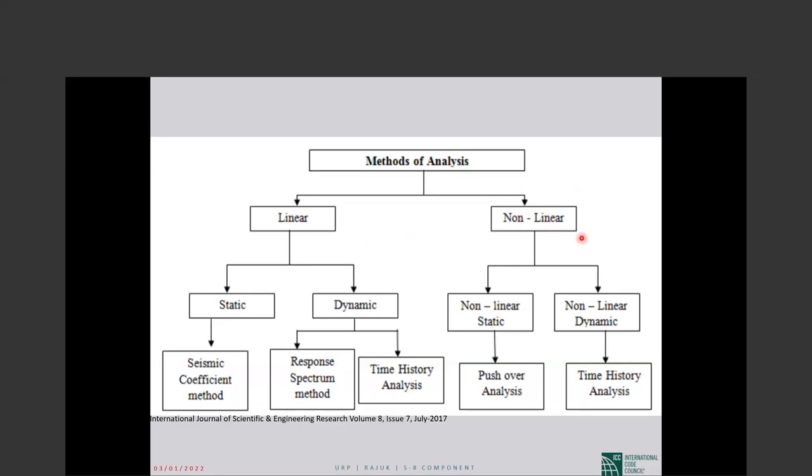But tonight we want to discuss the nonlinear approach, and the approach that from the beginning the codes for existing buildings prefer, which is static.